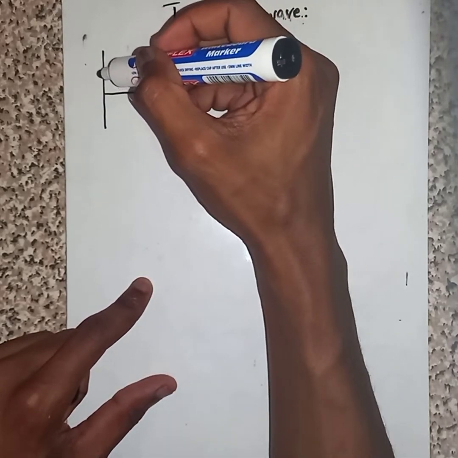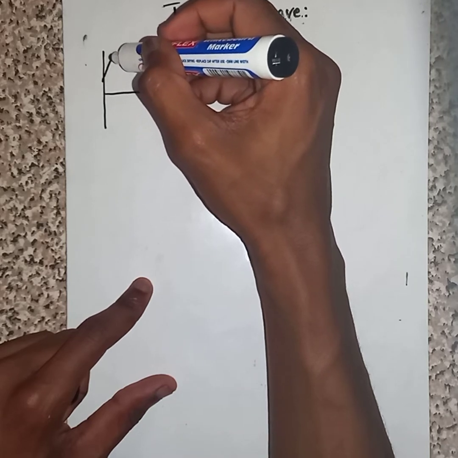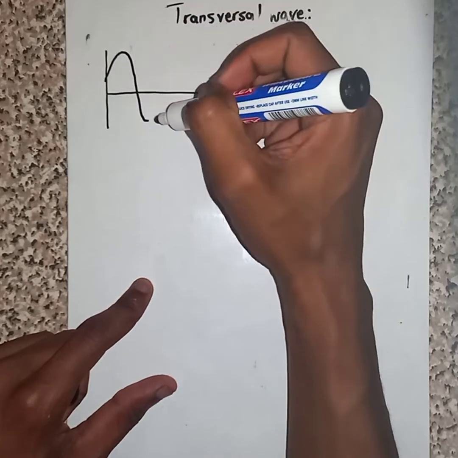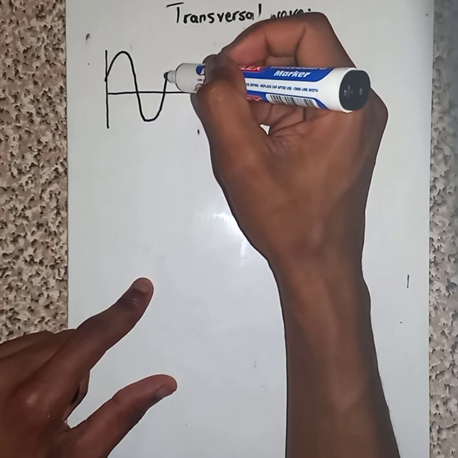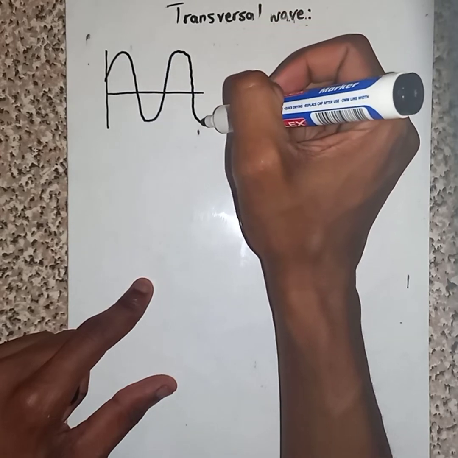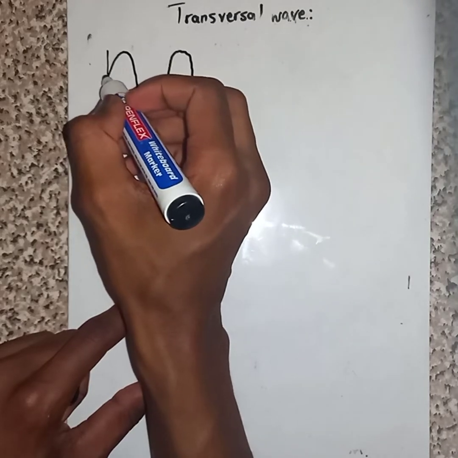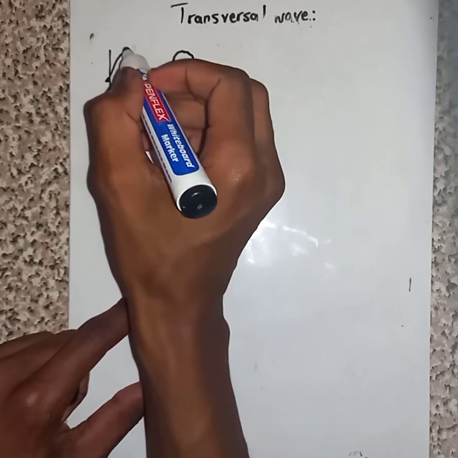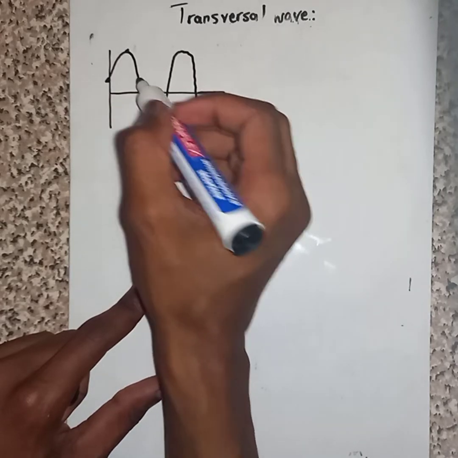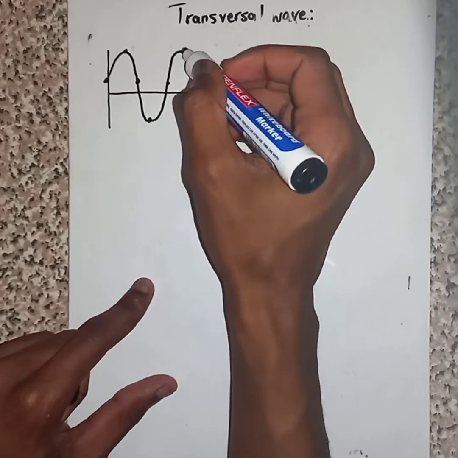Let's say now we have a diagram which looks like this. Say this is our diagram.